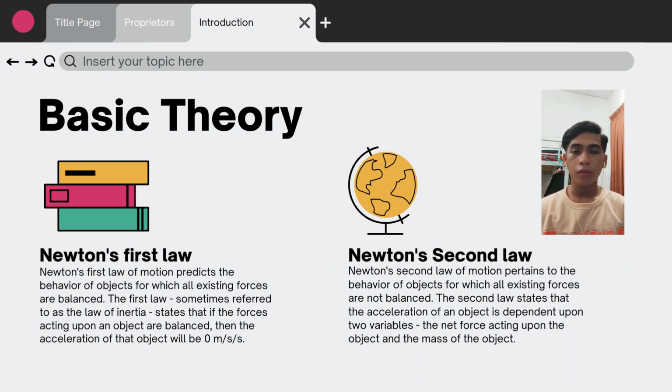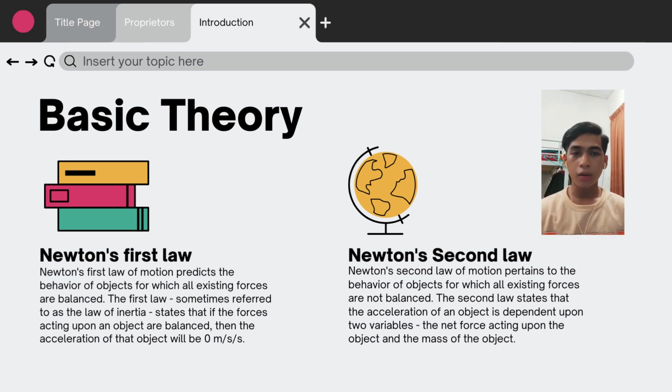Newton's second law of motion pertains to the behavior of objects for which all existing forces are not balanced. The second law states that the acceleration of an object depends upon two variables. The first one is the net force acting upon an object. The second one is the mass of an object.